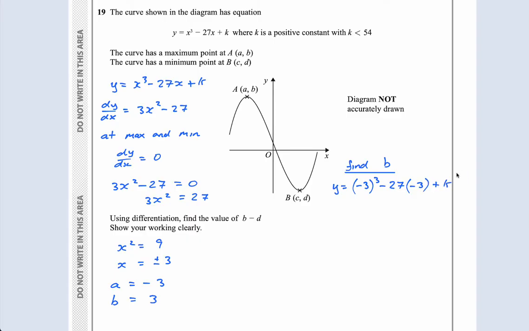I don't know what k is. Let's leave it there for now. This equals, use your calculator if you want, guys, minus 27 plus 81 plus k, which is 54 plus k. So this is actually b. b is equal to this, because b is y. It's the y coordinate when x is minus 3. So b is 54 plus k. Find d.